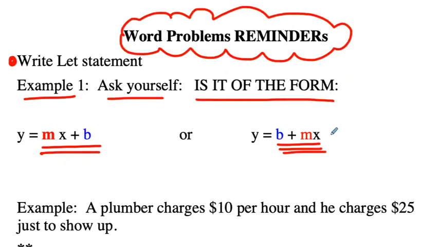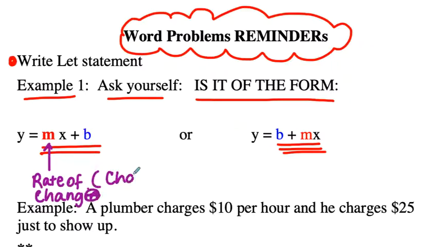Now, these are the exact same equations. They're just written differently. They're flipped around using the commutative property. But it's important to remember that the slope, the m, is the rate of change. I call it the changing value in word problems. And the b is the starting value or the initial value.